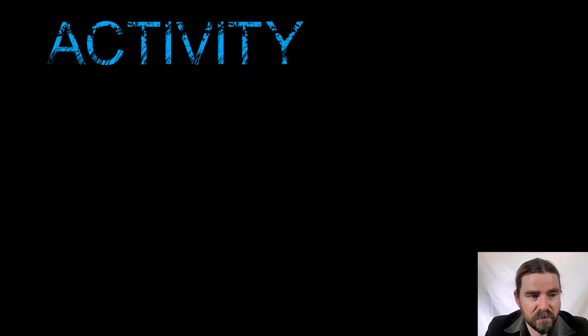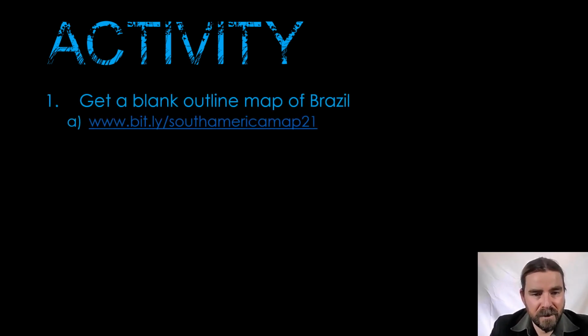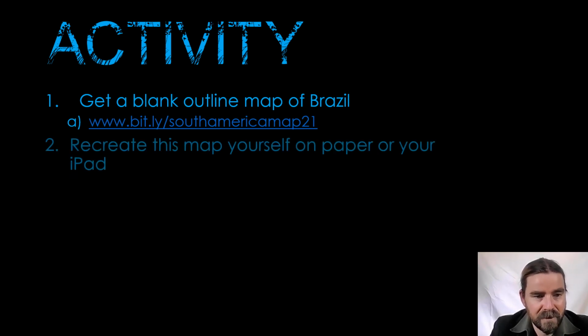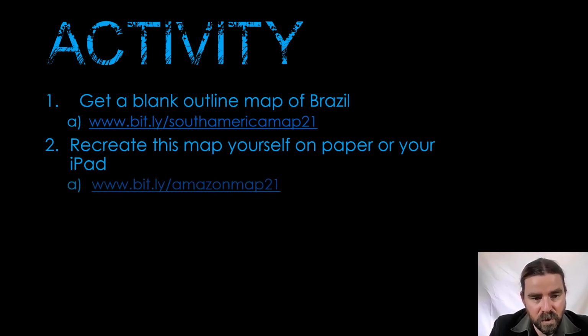And here's the exciting moment where you get to draw a map and interpret it. So get a blank outline map of Brazil. You can get that from wherever you want, but if you can't find one, just use the one in that link there. And then I want you to recreate this map yourself on paper or on your iPad. So click on that or type that link in. That'll take you to a map. You need to make your own version of that map. You can do it on paper or on your iPad.